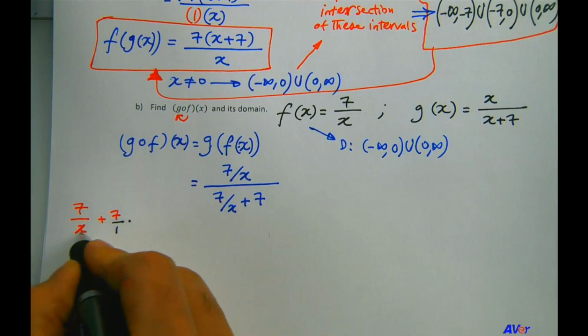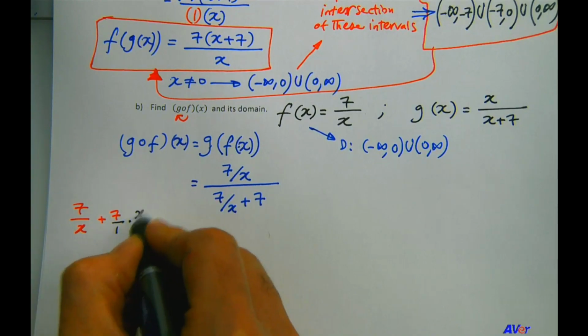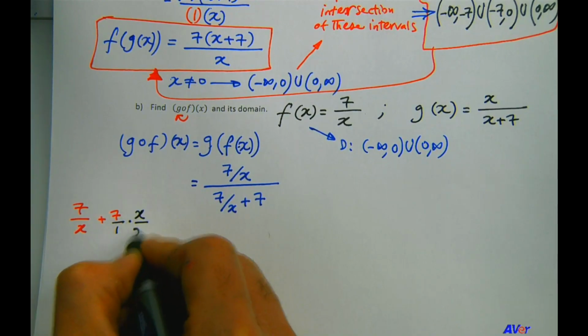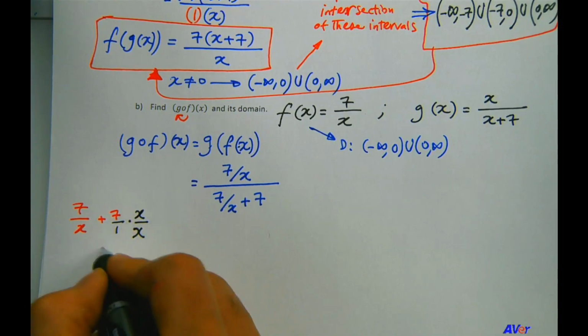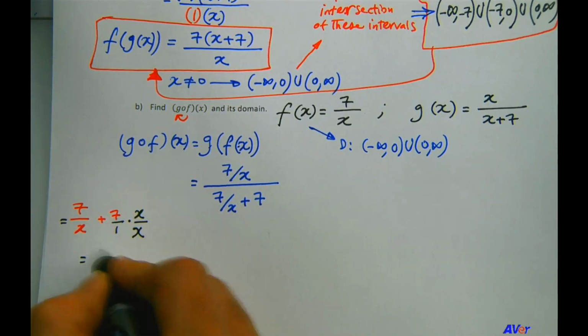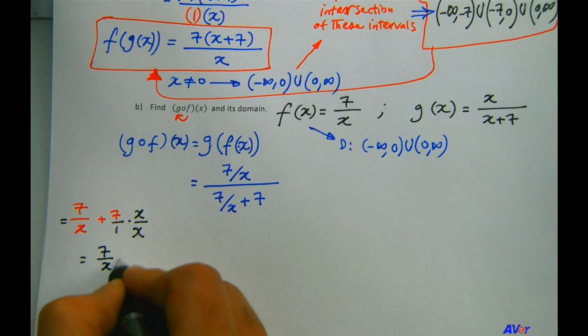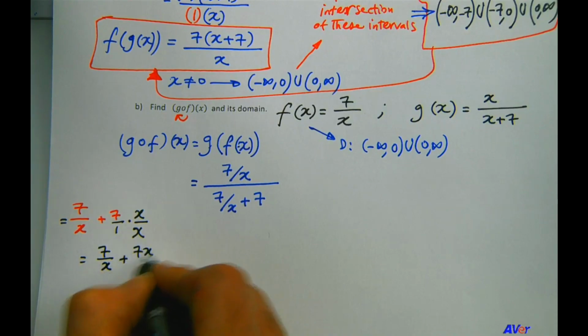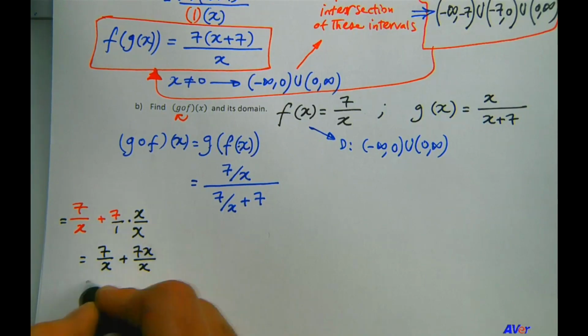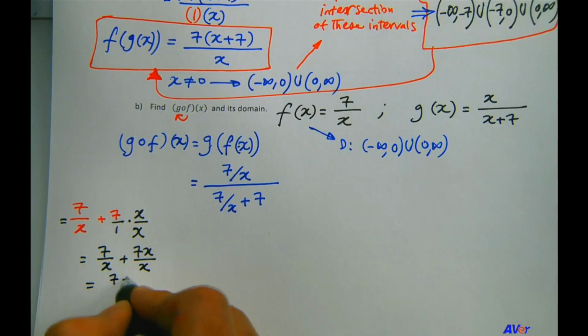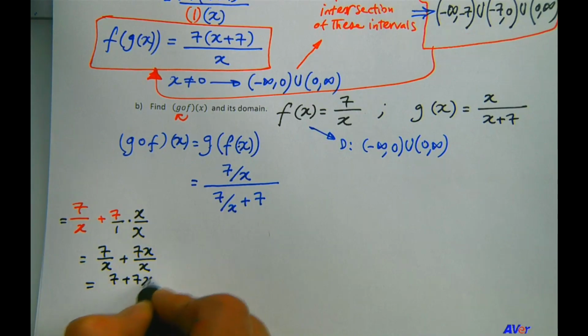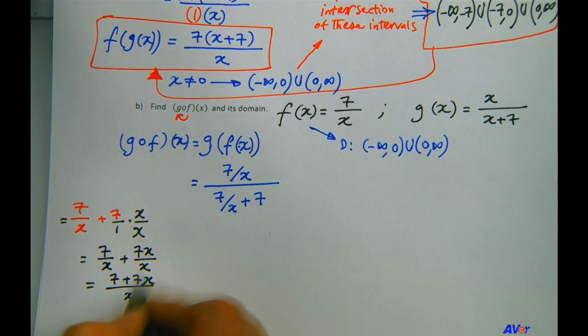The common denominator is x, right? So we have to multiply the numerator by x and the denominator by x. So we end up with 7 over x plus 7x over x, or 7 plus 7x over x, right?